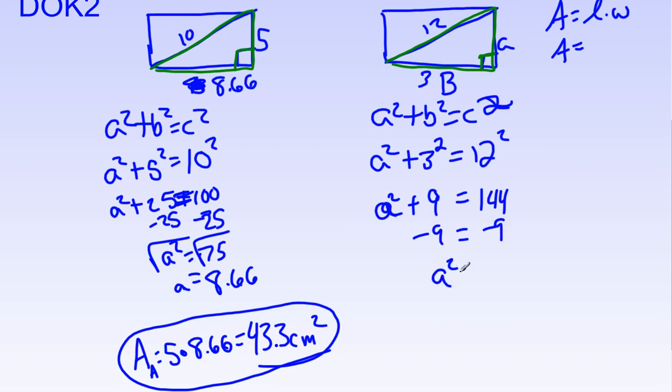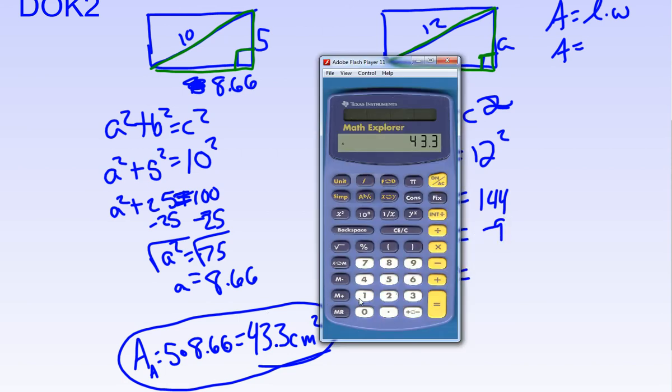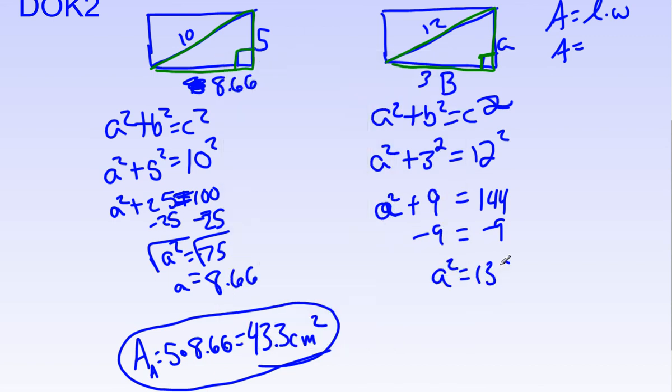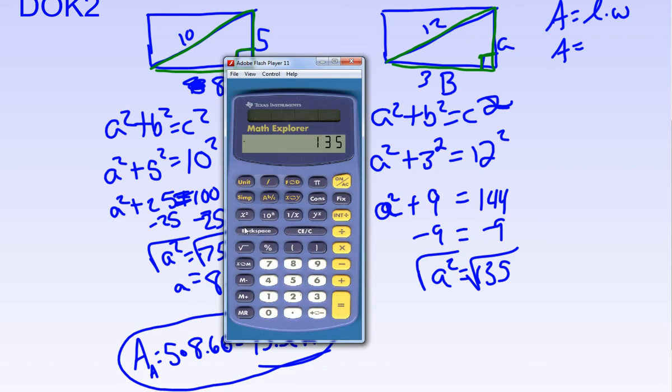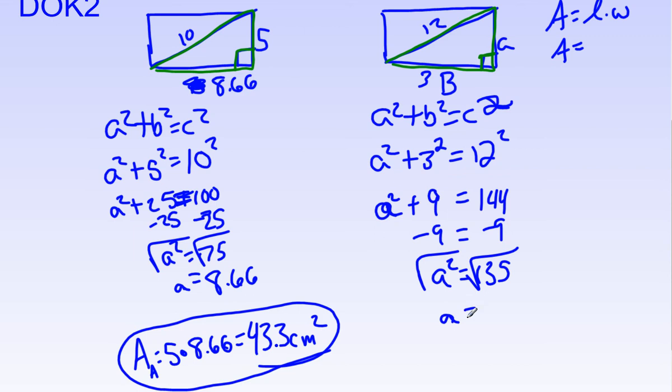That gives me A squared equals 144 minus 9, which is 135. Square root each side, and A is 11.61. Now that A is not the area. That was the length of this side, 11.61.